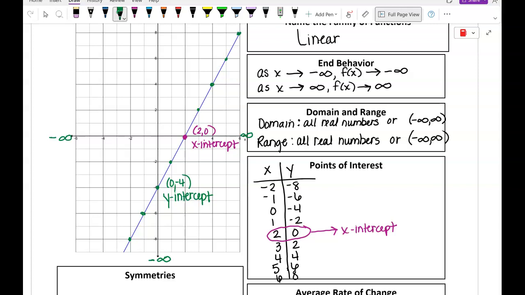Because it's linear, I don't have a minimum or a maximum, and it's not piecewise, so I don't have that transition point. So those two that we've already named and shown in our chart are the only 2 points of interest for this particular function.